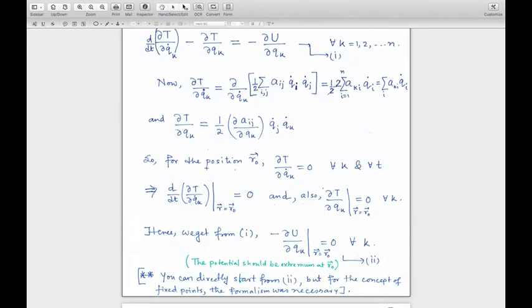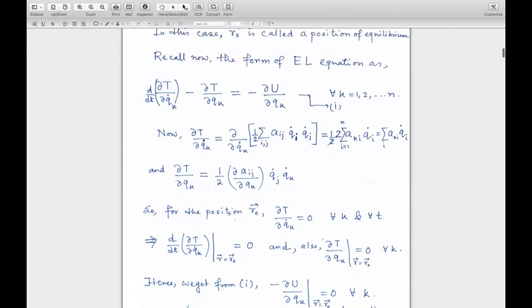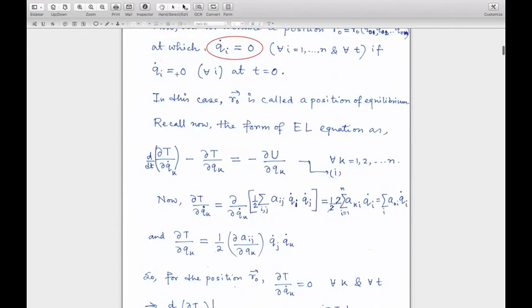Now we know that for the position r0, ∂T/∂q̇_k is equal to 0, and also d/dt of ∂T/∂q̇_k is also 0. That is 0 because we said that if the initial velocity is 0, then the later velocities will also be 0.